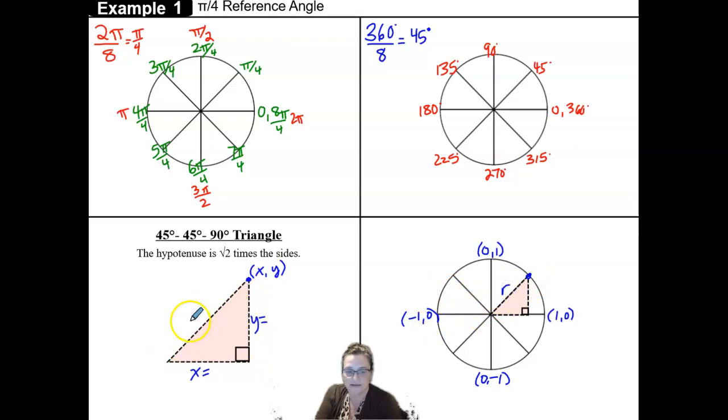And since this is a unit circle, the radius is 1. So the hypotenuse of this right triangle is 1.